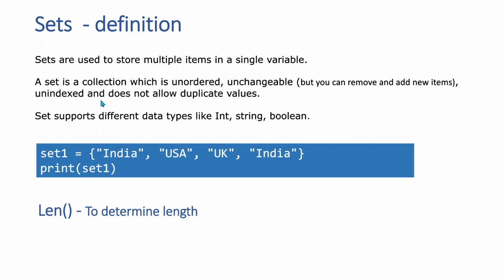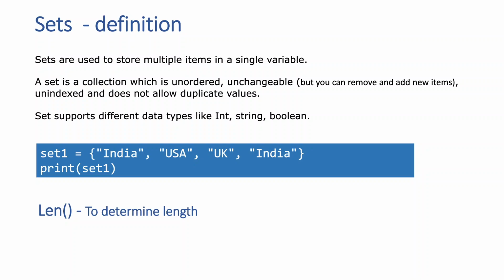A set is a collection which is unordered, unchangeable, unindexed, and does not allow duplicate values. Unordered means that the items in a set do not have a defined order. Set items can appear in a different order every time you use them and cannot be referred to by an index or key. That's what we call unordered.